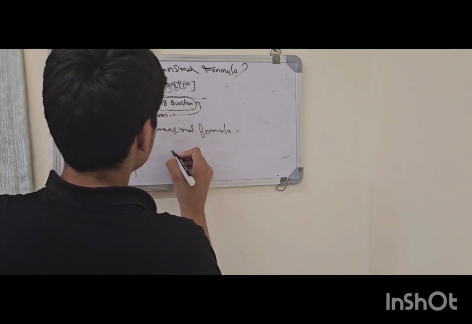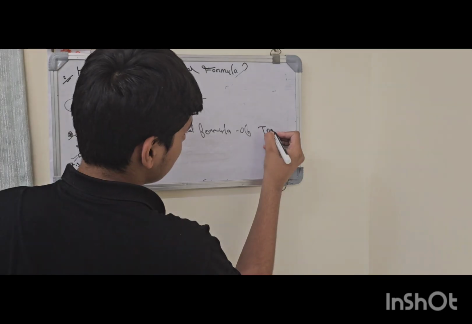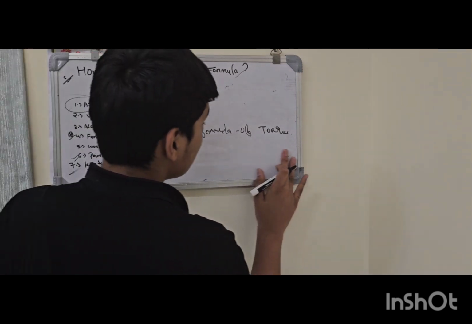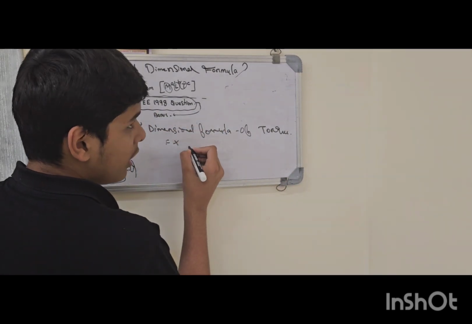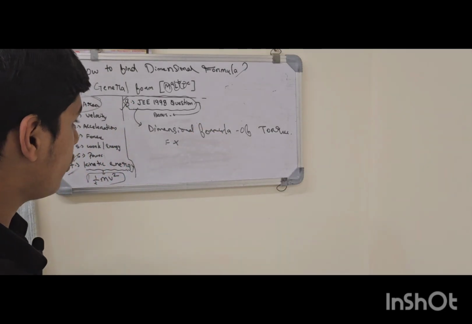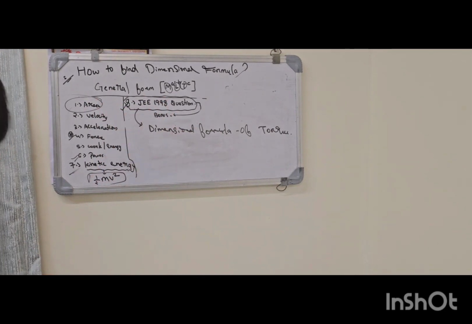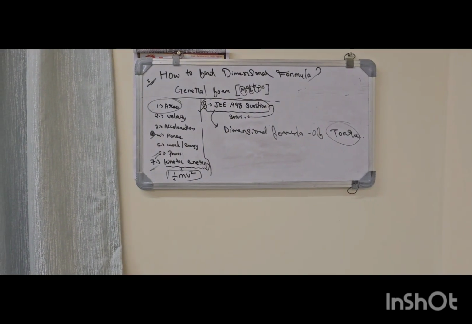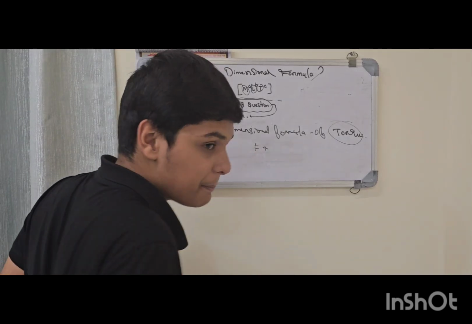So the dimension formula is what? Of torque. Now what is torque? That's why many people get stuck over here in school exams. So torque is what? Now listen, torque is equal to force multiply displacement. This same JEE 1998 question. So torque is equal to force multiply perpendicular distance.